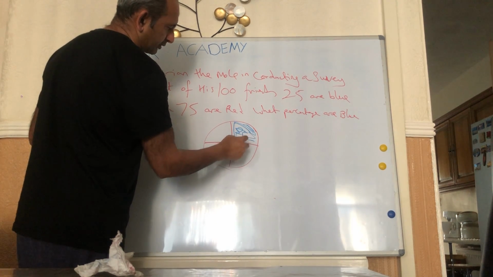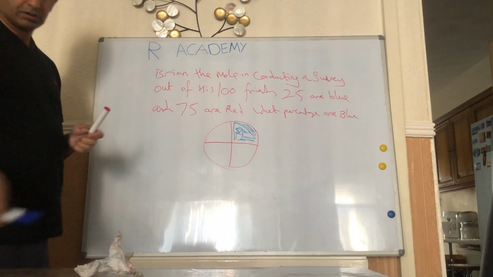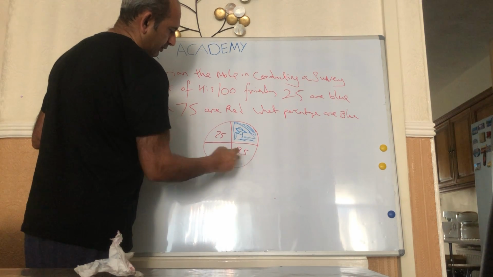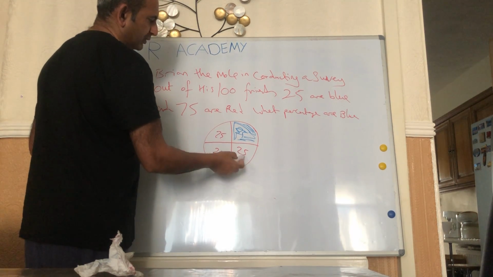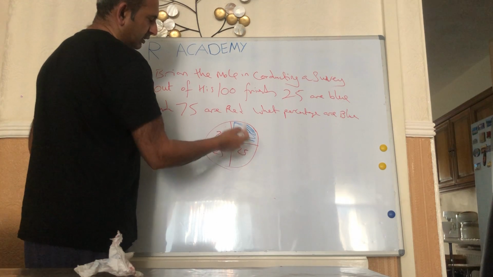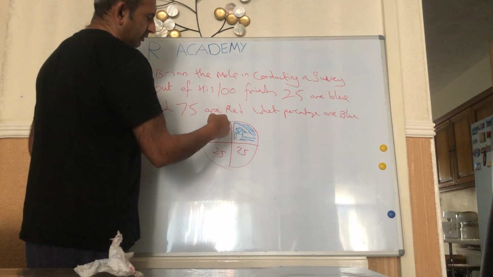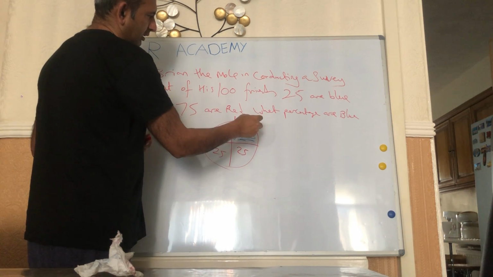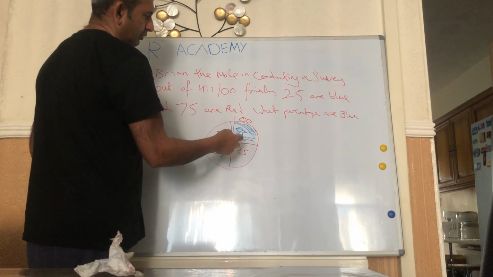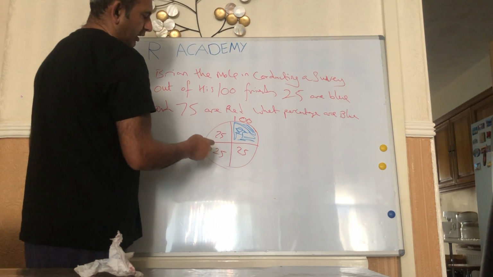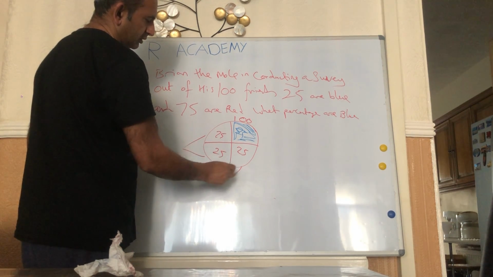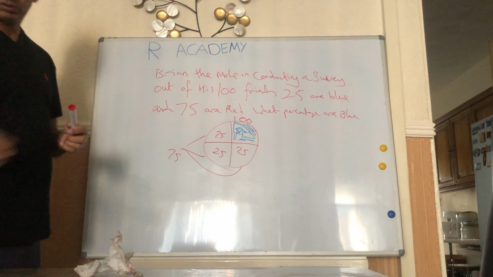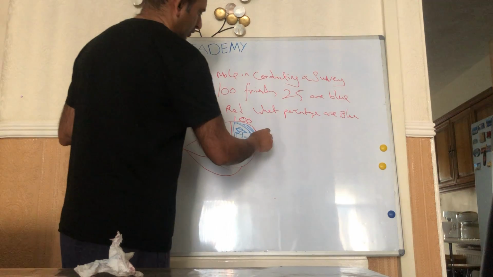There's your 25. And the reds, 25, 25, 25. So 25 plus 25 is 50, and 50 more is 100. So this is worth 100, which is the friends. If you divide it by 4, you've got 25 in each. Now you've got red, which is 75, and blue, 25.